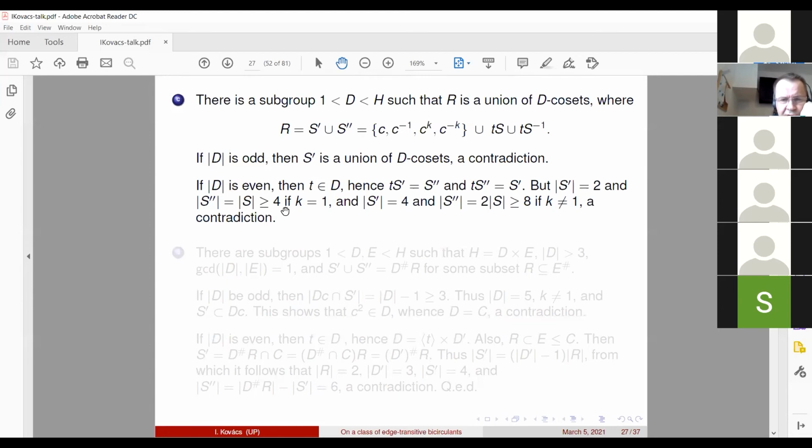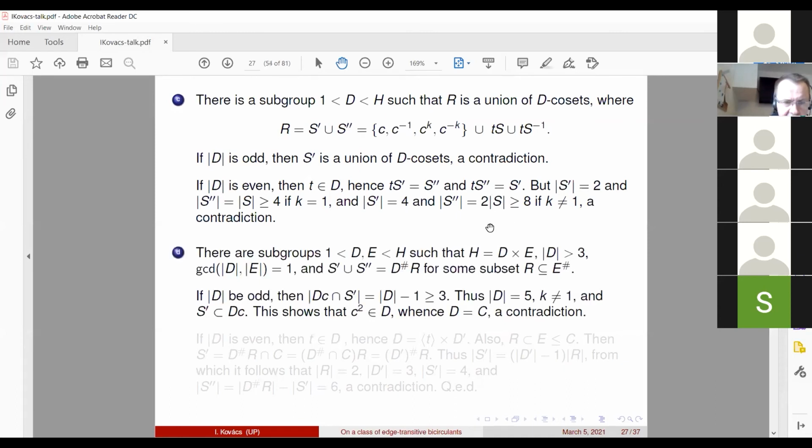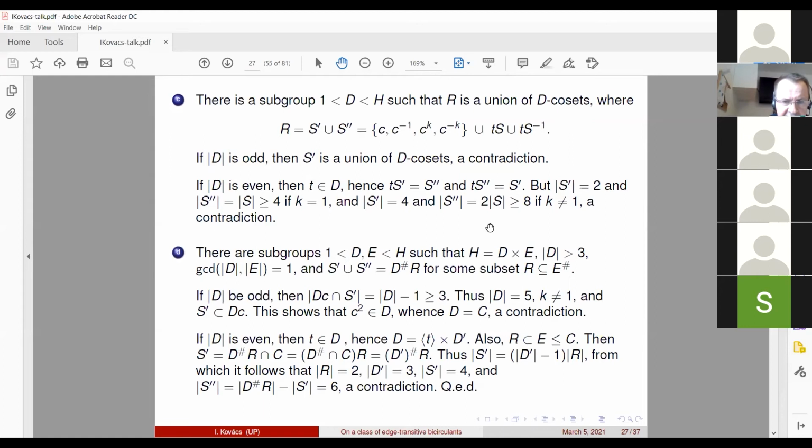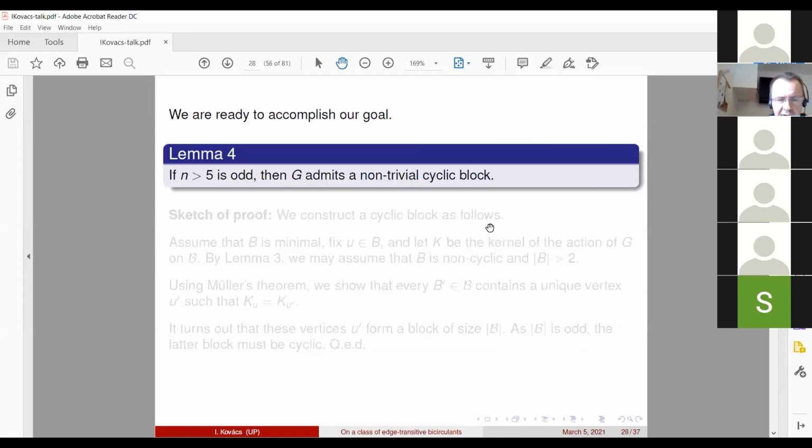So this is the point where you need to use the condition that you are considering graphs of valency at least 6. This happens if K is 1. If K is not 1, then this cardinality is 4, and this cardinality is at least 8. It's also not possible. So I will skip the details. It's a very similar argument, but I think it's enough for this proof.